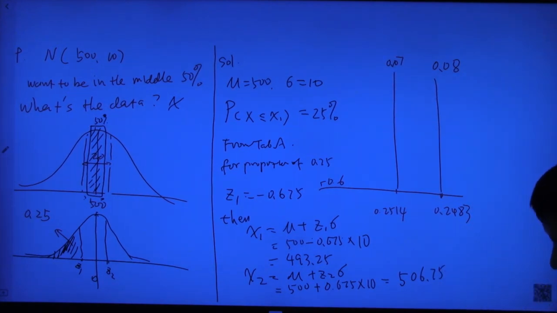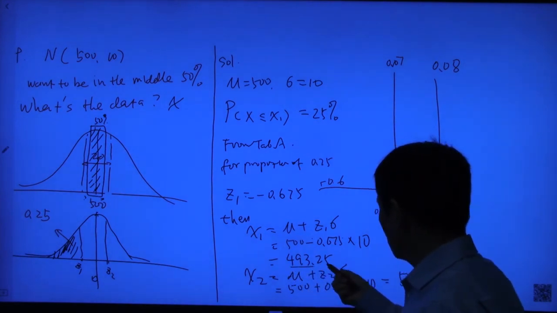So this gives us the range. The range is from here to here.